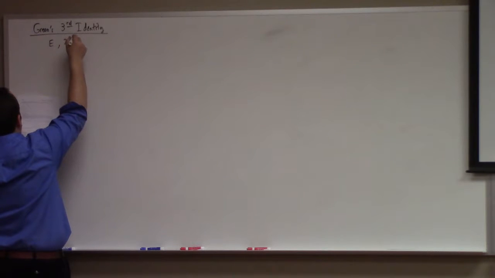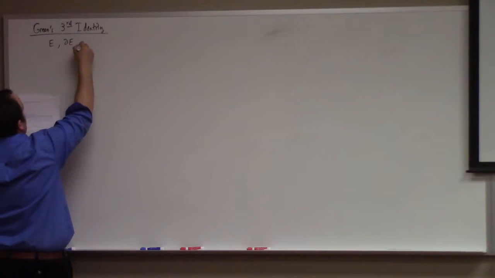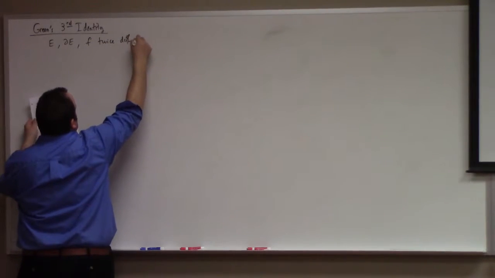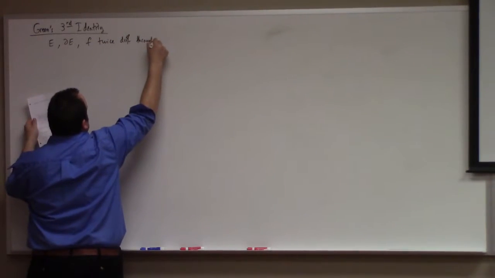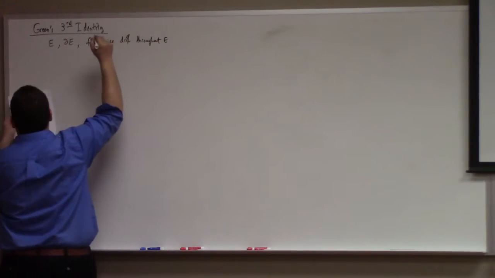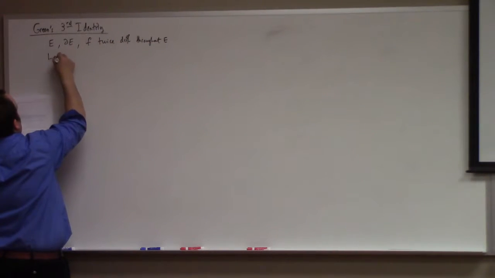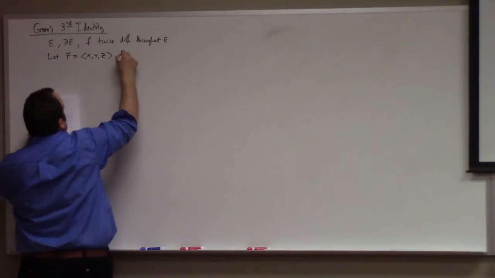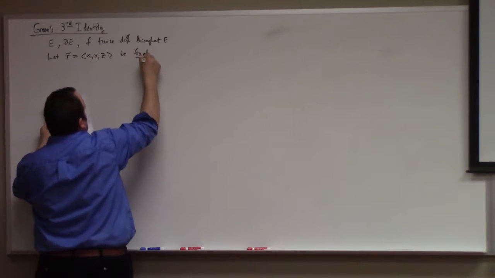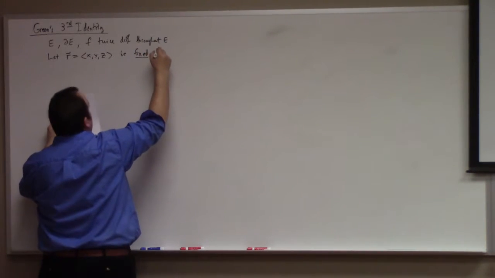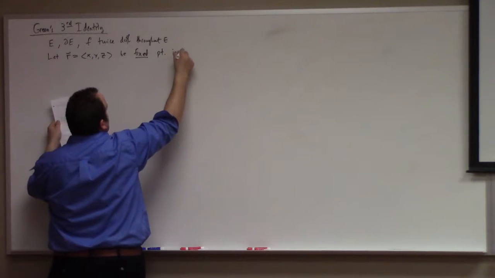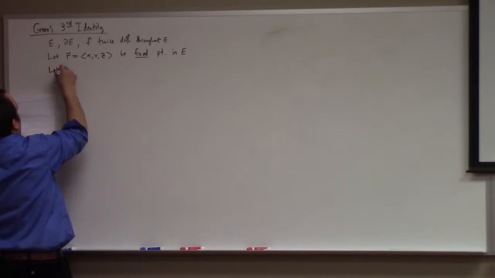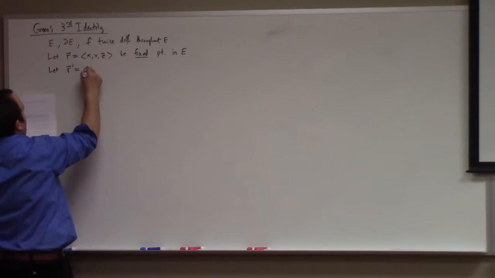The boundary of E is piecewise continuous, and we assume f twice differentiable throughout E. A little bit more though. Let R equal xyz be a fixed but arbitrary point in E. And we use variables of integration r prime, x prime, y prime, z prime.